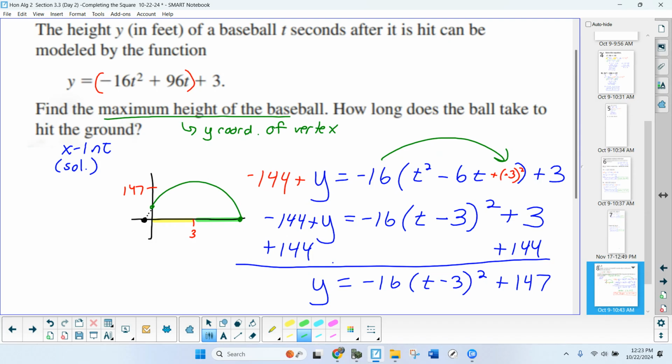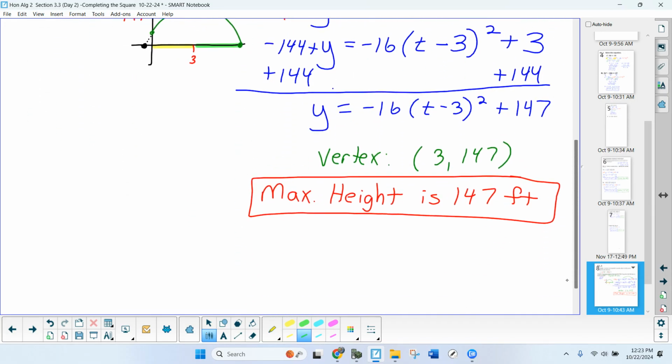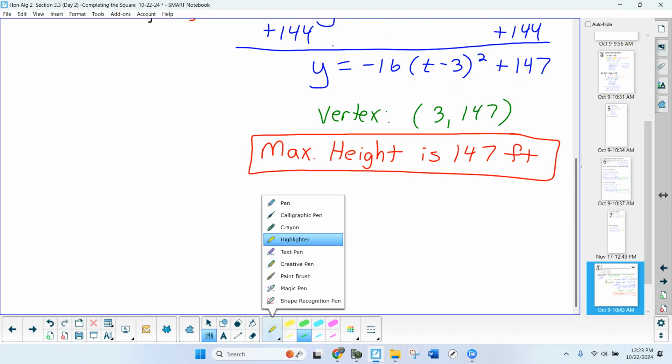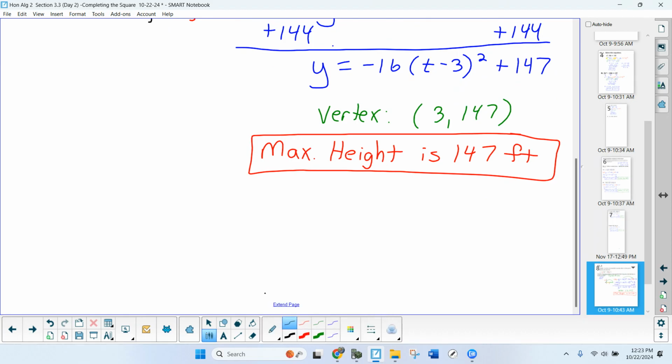You see that? Okay, so with that in mind, we've got to now solve this. So what are we going to let y be? 0. So now we're going to say 0 equals negative 16 times t minus 3 squared plus 147.